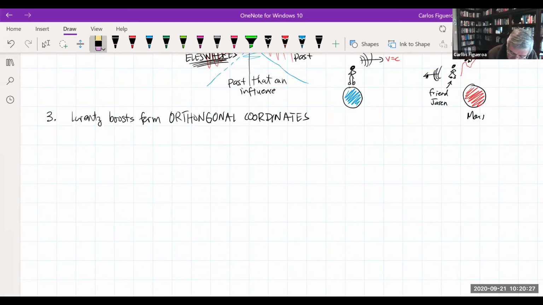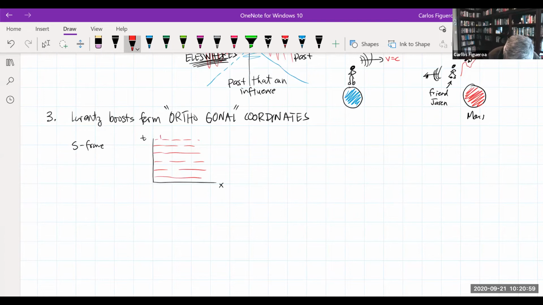So I have an orthogonal coordinate system like this. That looks a little bit funny to me, but I shouldn't really pay attention to those details. So they form a coordinate system that's orthogonal. Okay, that's super important. So let's look at that. If I look at the S frame, it is typically taken by plotting this guy here. When I look at that coordinate system, we typically imagine the standard things like this.